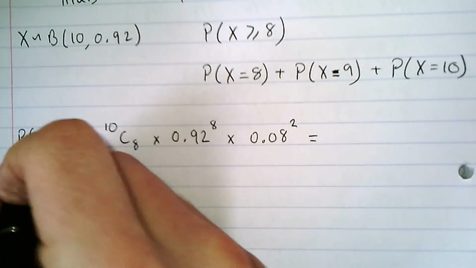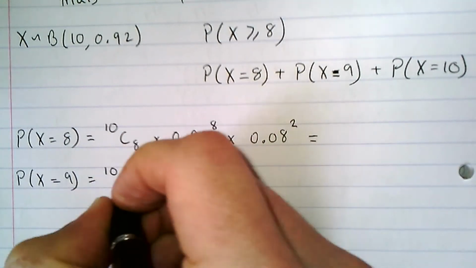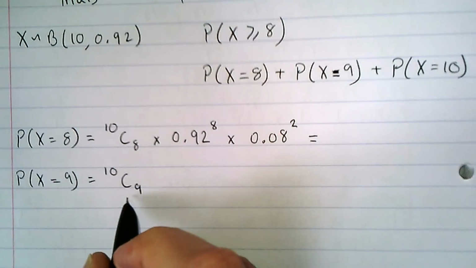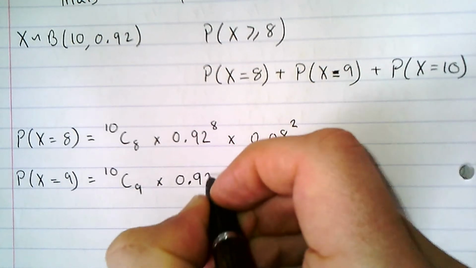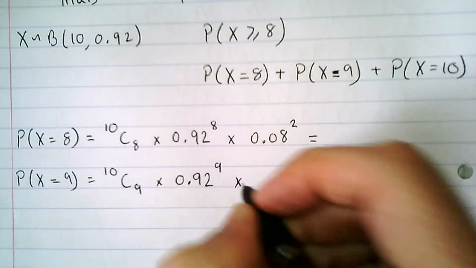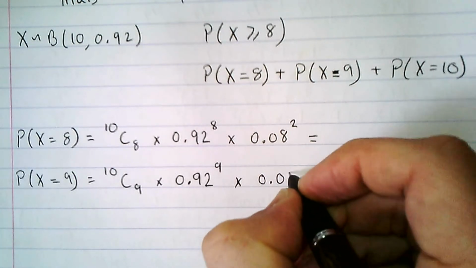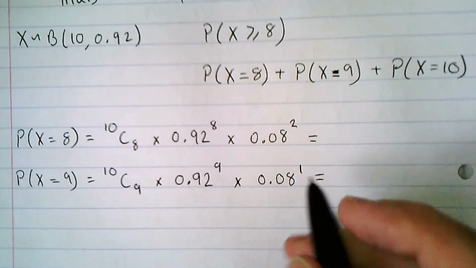It's the same way for probability that x equals 9, so we'll do that one, and then we'll start working these out. So 10 choose 9, want 9 successes, multiplied by probability of success, 0.92, want 9 successes, so the power is 9, multiplied by 0.08 to the power of 1, because this is how many failures we want.